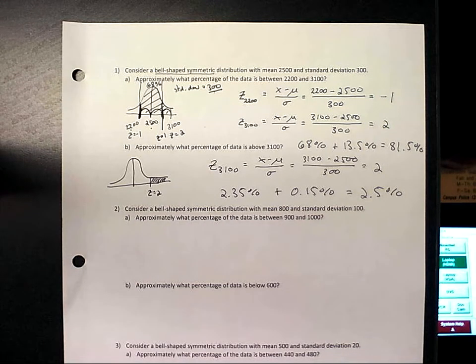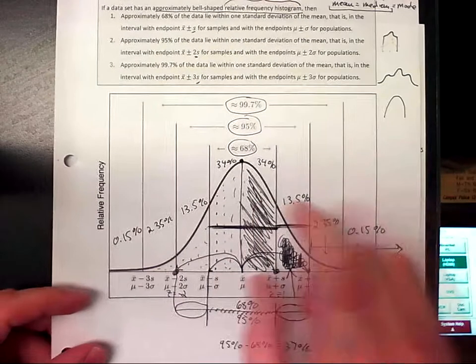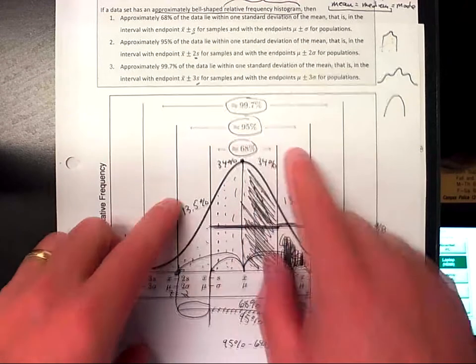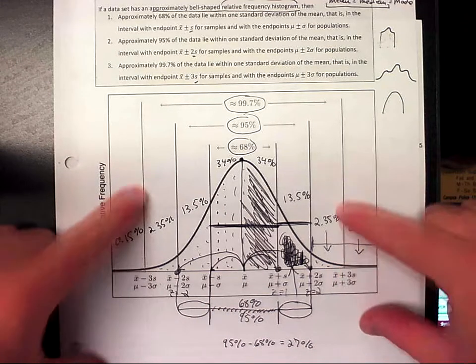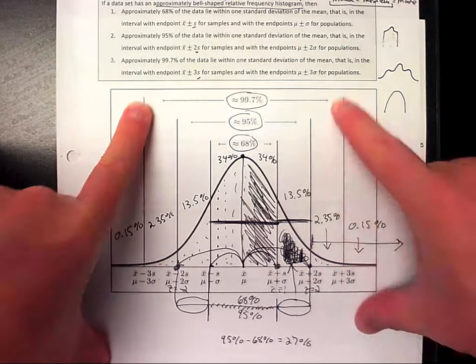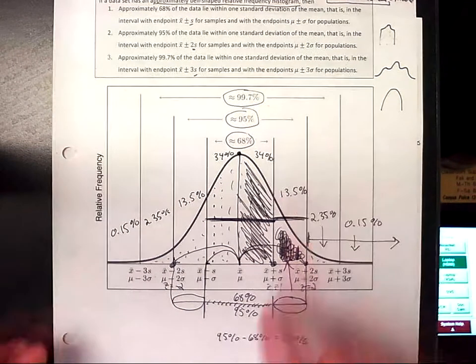If we go two standard deviations above and below the mean, we have 95% of our data. But if we go three standard deviations above and below the mean, then between those two cutoffs we have 99.7% of the data.